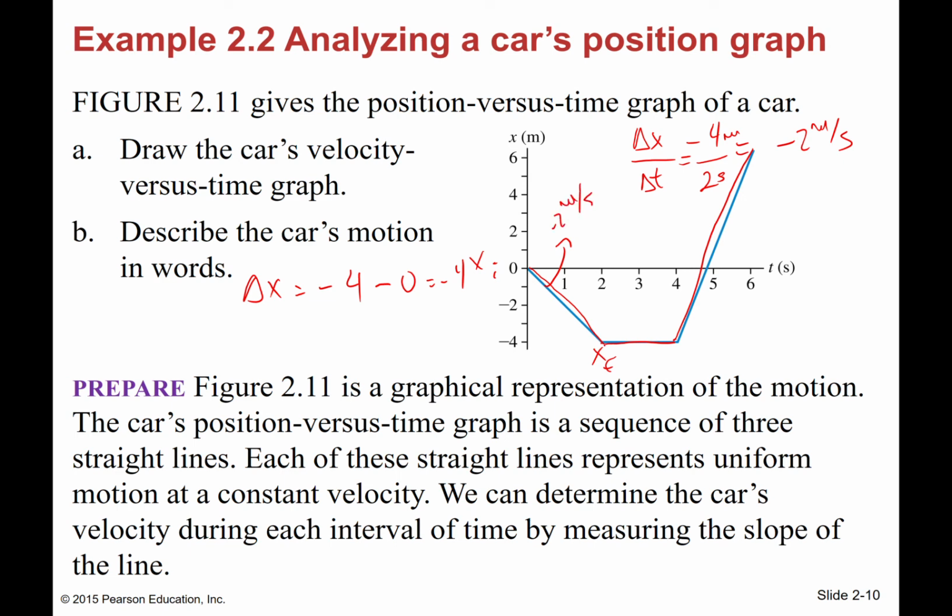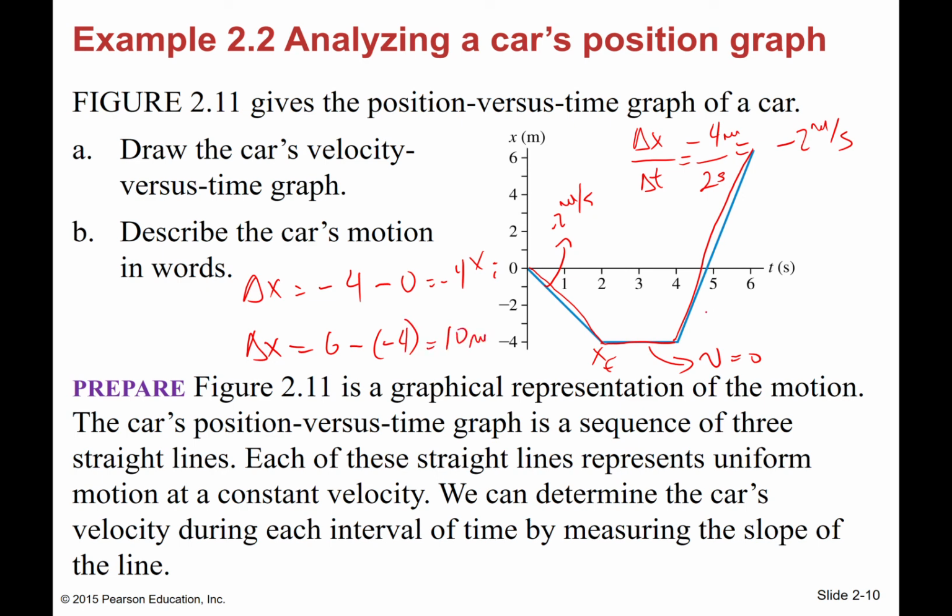In this segment here, the position doesn't change, right? At t equals 0 it is at minus 4, and at t equals 4 it is at minus 4. So the velocity here is equal to 0. And then finally, for the final segment, your x final is 6 and your x initial is minus 4, so 6 minus minus 4 is 10 meters.